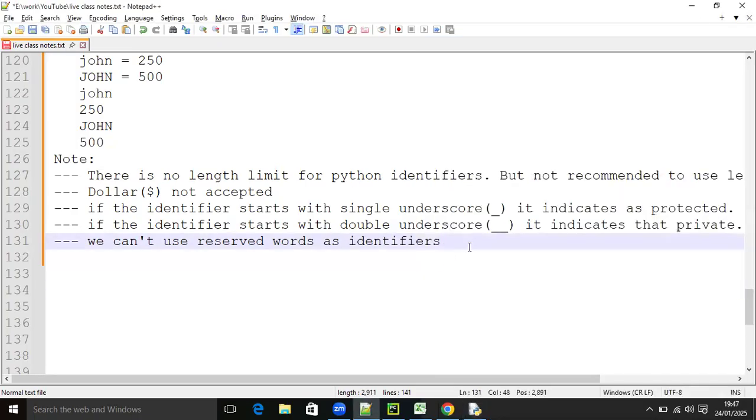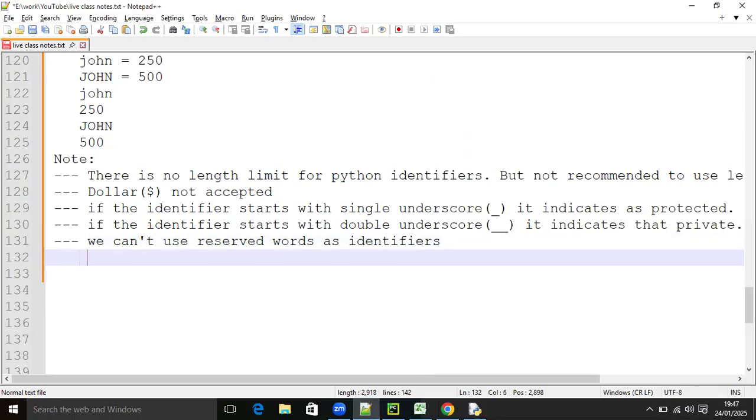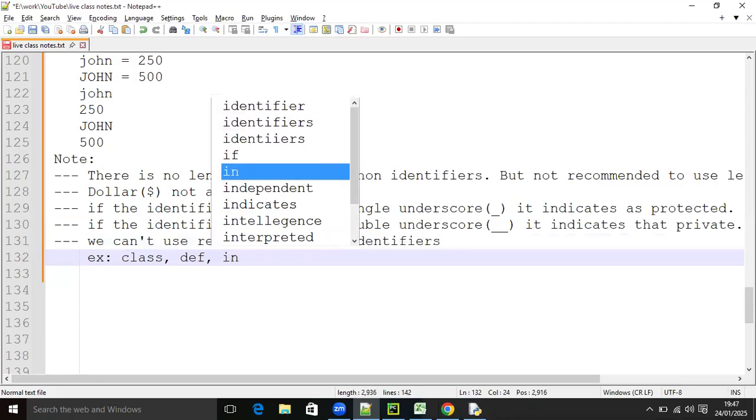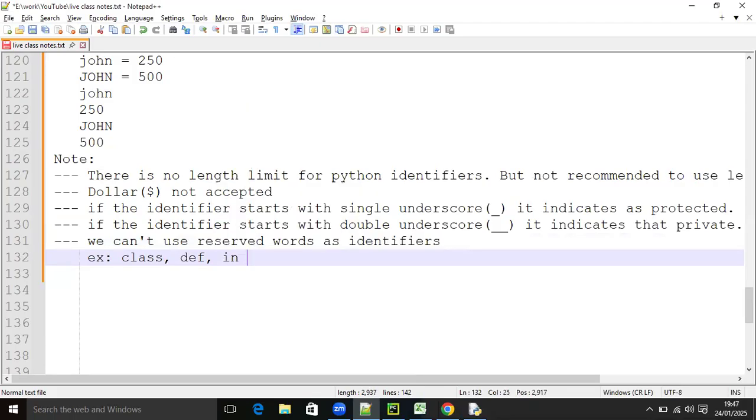Next, examples: class. def means defining a function.